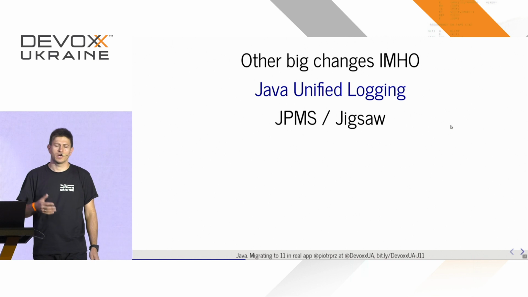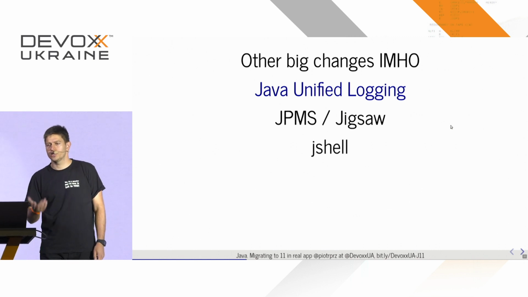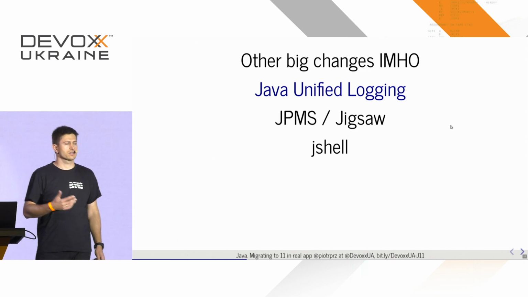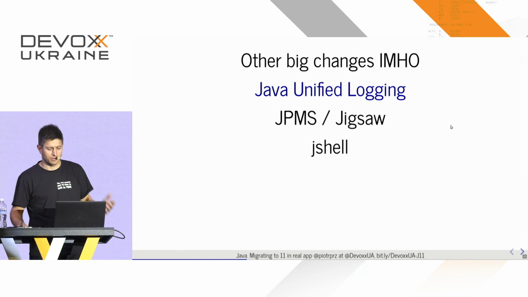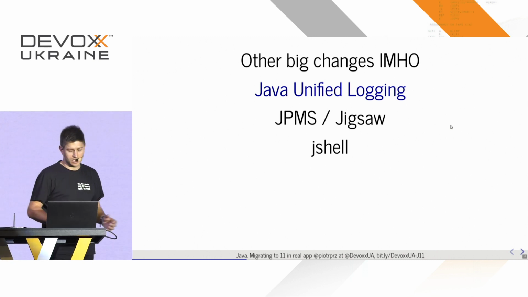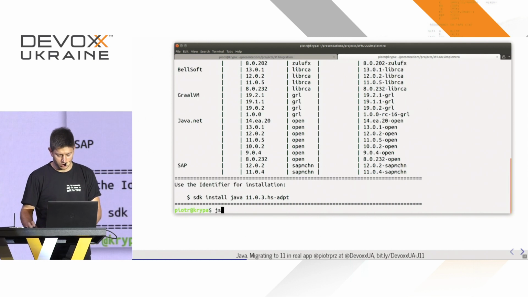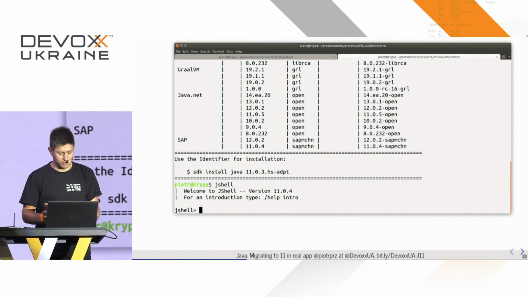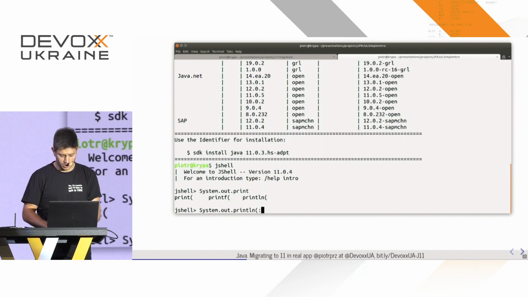We have, of course, the Java Platform Module System, Jigsaw, which is a huge change on its own. We have JShell. Finally, Java has a REPL. I mean, Scala had it, Groovy had it, all the languages have them, except Java. And now we have that in Java as well. So, see, we can go JShell, and we can, for example, do System.out.println and say hello.